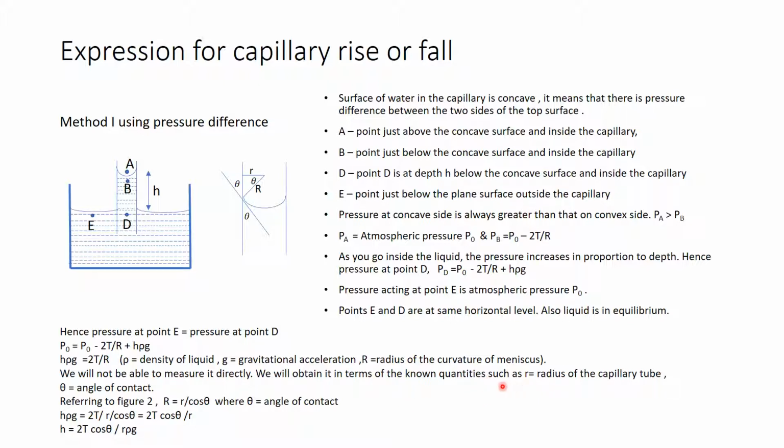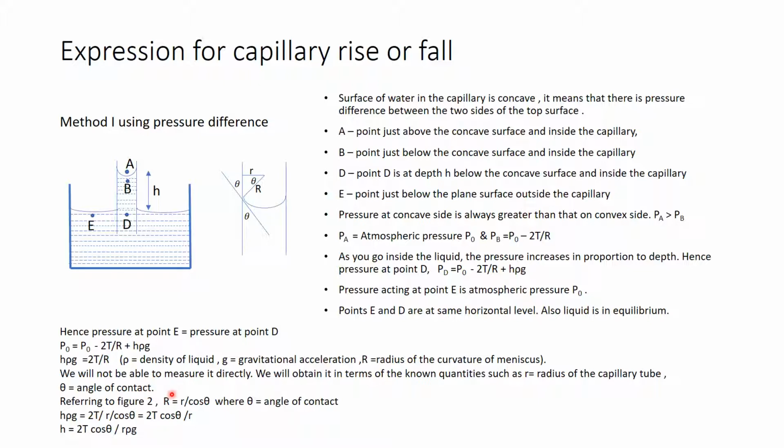Which are those quantities? Those quantities are small r, which is nothing but the radius of the capillary tube. It can be easily measured with instruments in the laboratory. And theta. What is theta? The angle of contact for a given liquid and solid interface, right? Now, these are the standard measured values which you will get directly.